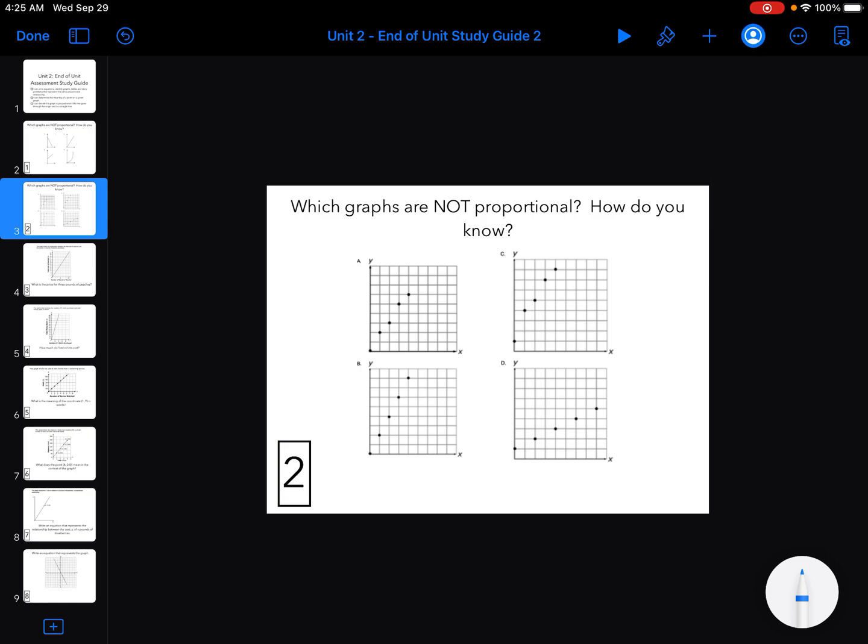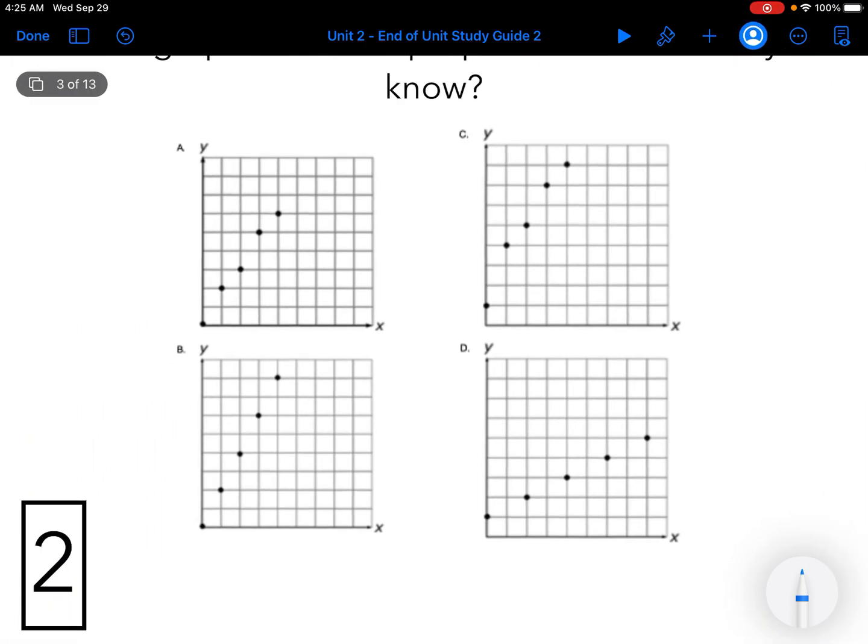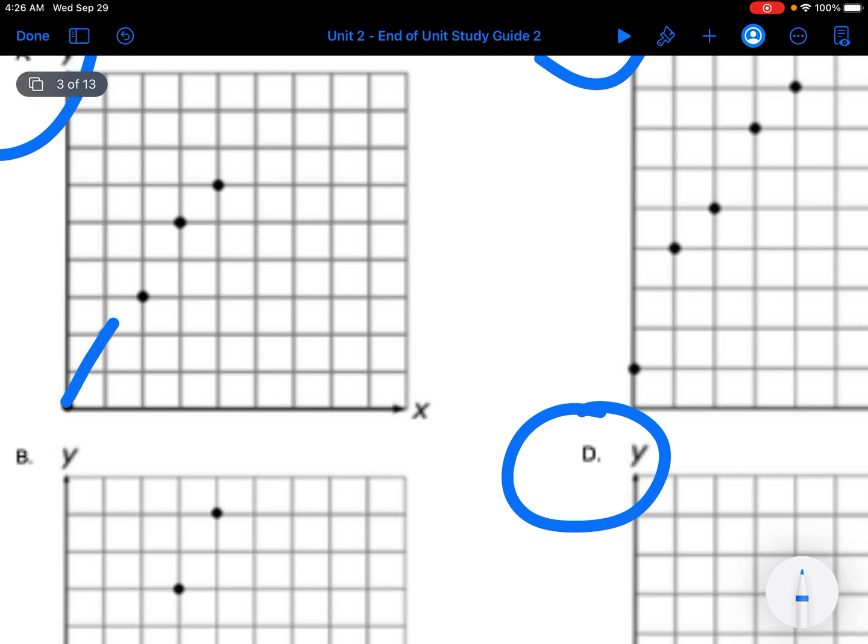Which graphs are not proportional? So A is not proportional, D, and C. I know that because this one is not a straight line.